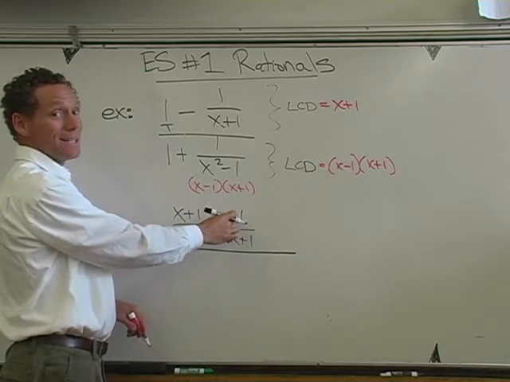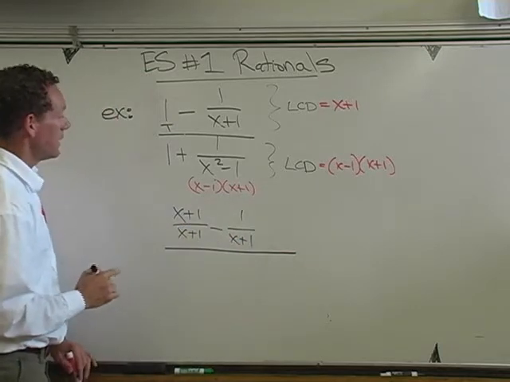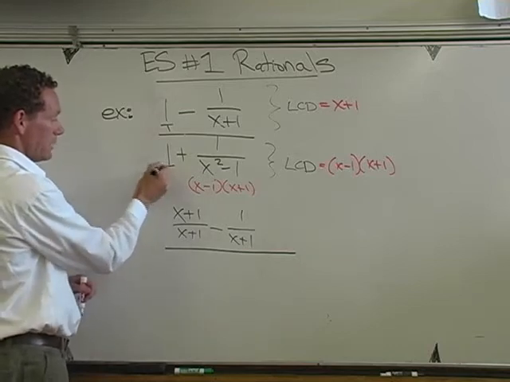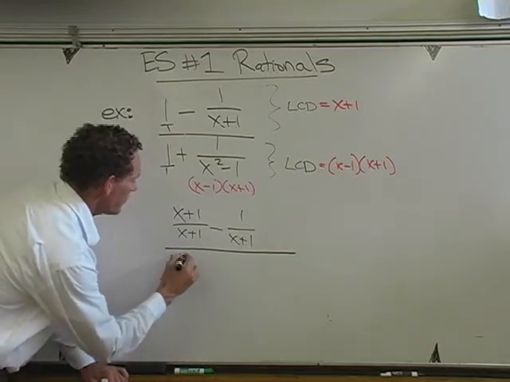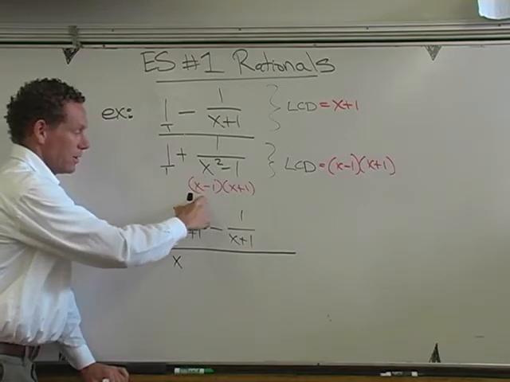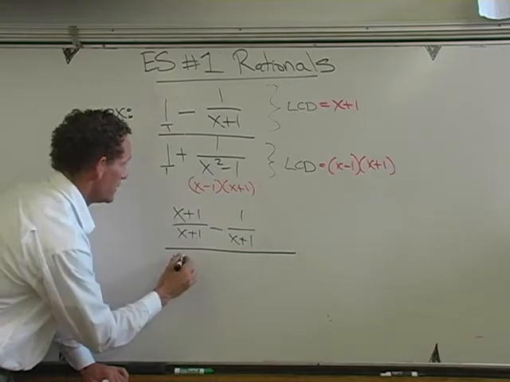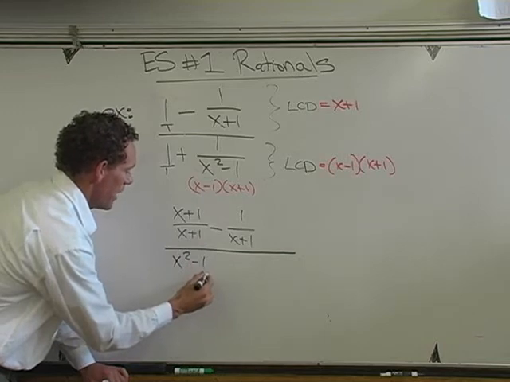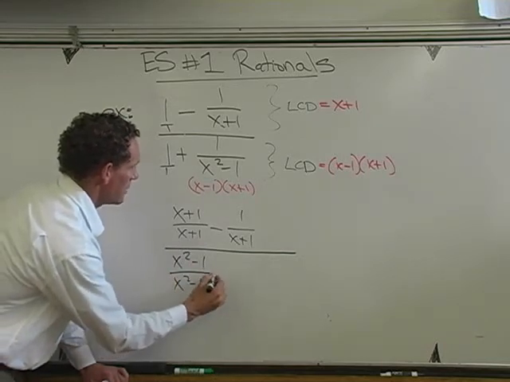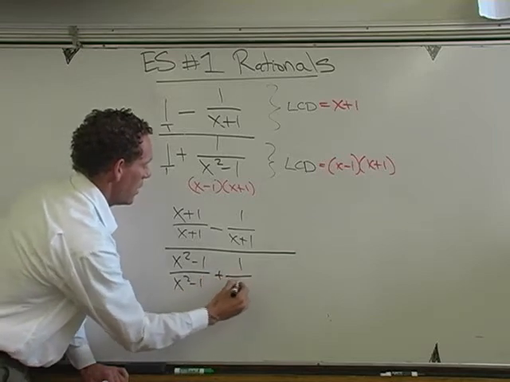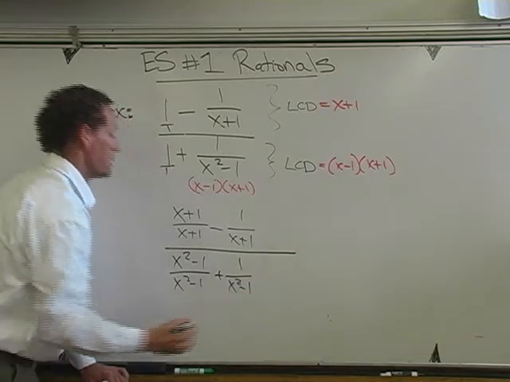or x. And in the denominator, this 1 over 1 becomes, I'm going to write it as x squared minus 1 because it's a little simpler. We have x squared minus 1 over x squared minus 1 and plus 1 over x squared minus 1.